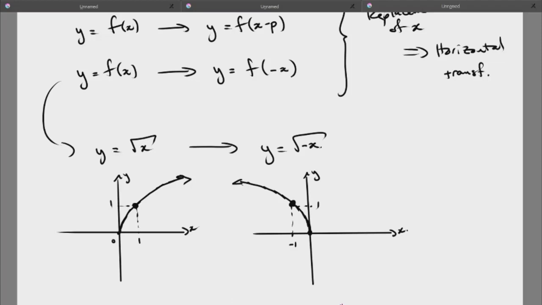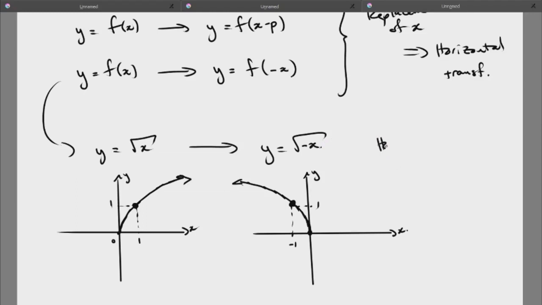Just play it safe. So this is not a transformation graphically that's in our list, because the top one there, replacing x with x minus or plus a number, is horizontally shifting the graph. That's not this one. This is reflecting it horizontally. So it's a new transformation, and I want to isolate these different things happening to the graph.